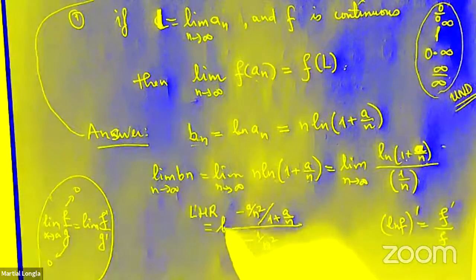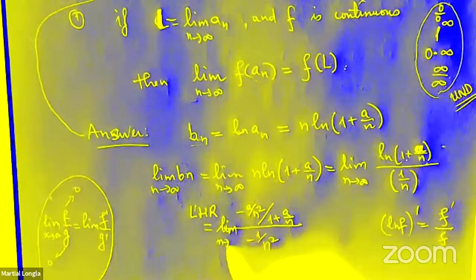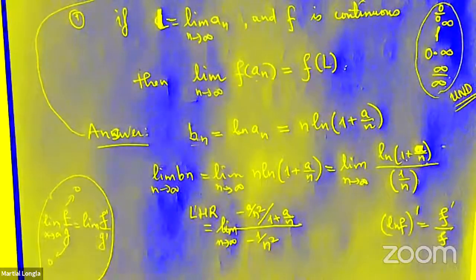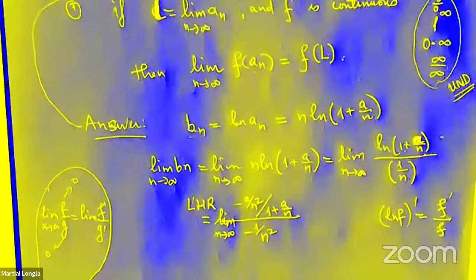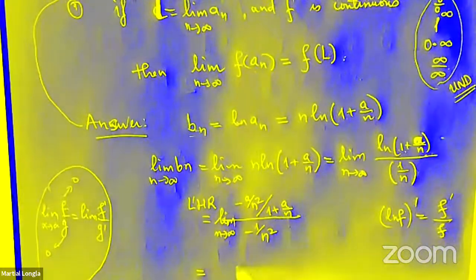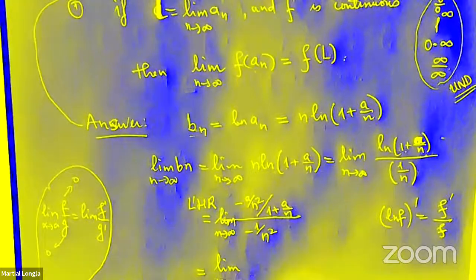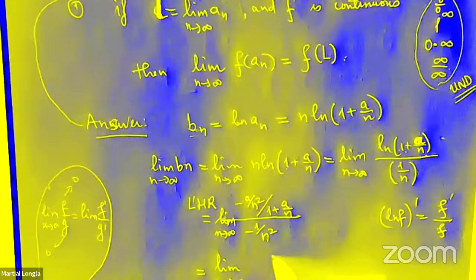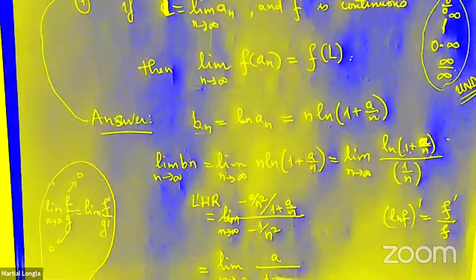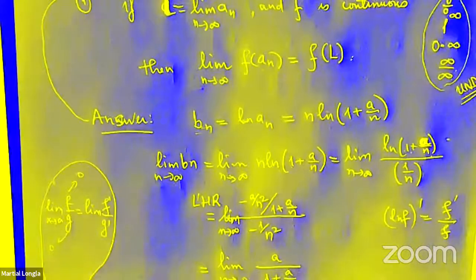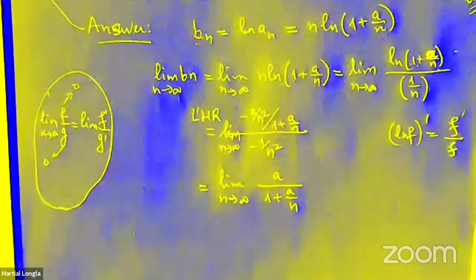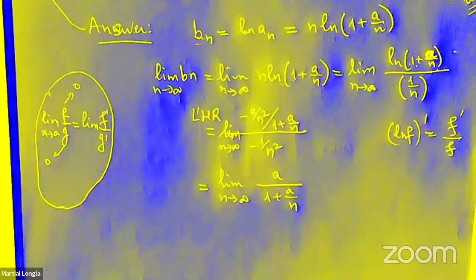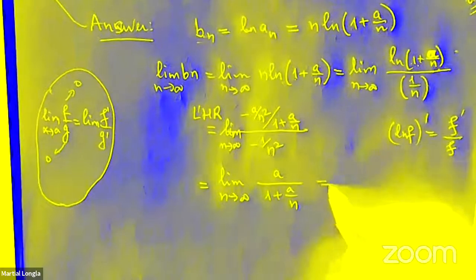And then the limit as n goes to infinity. Now minus 1 over n squared cancels there. And you have that this is the limit as n goes to infinity of a over 1 plus a over n. And now you can compute this.